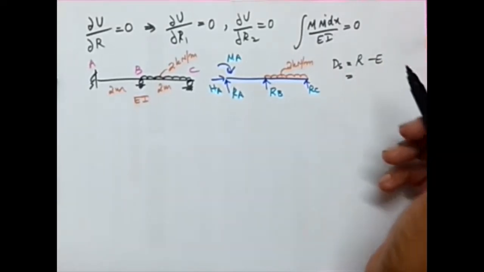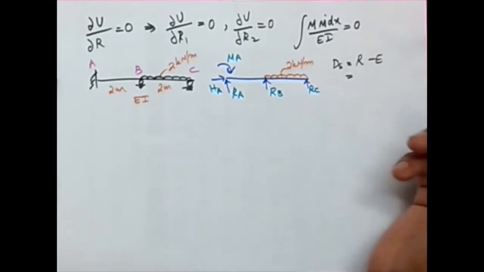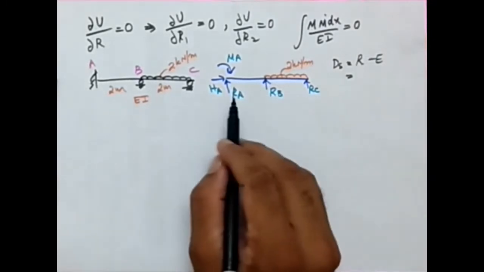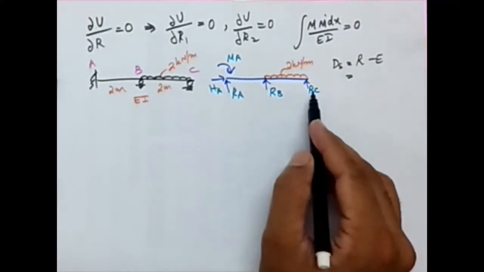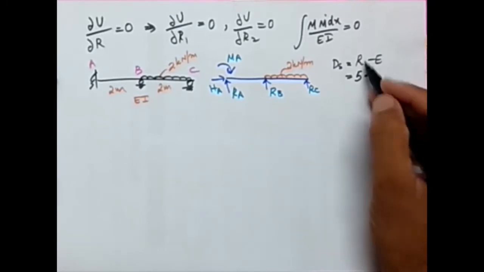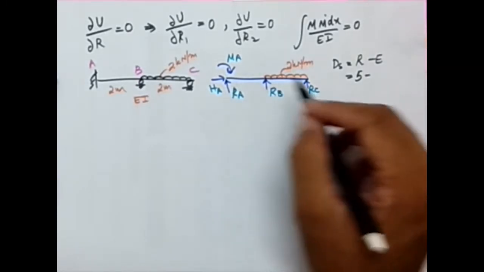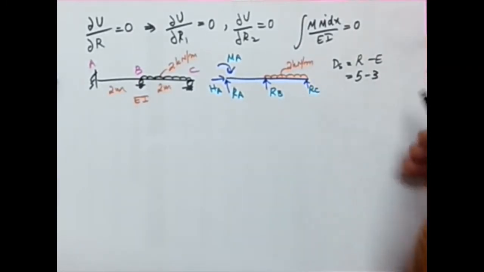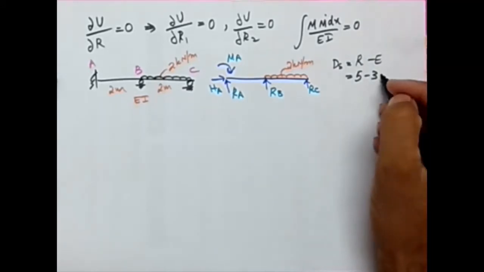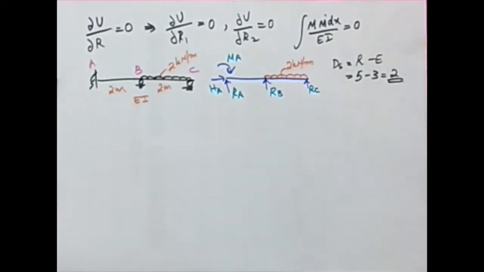What is the value of r? The value of r is the number of unknown reactions. So 1, 2, 3, 4, and 5. So 5 is the r value, and e is, this is a 2D beam, so I have three equations of equilibrium, sigma Fx, sigma Fy, and sigma M, which gives me the value as 2, which means that I need to have two redundants in this particular problem.